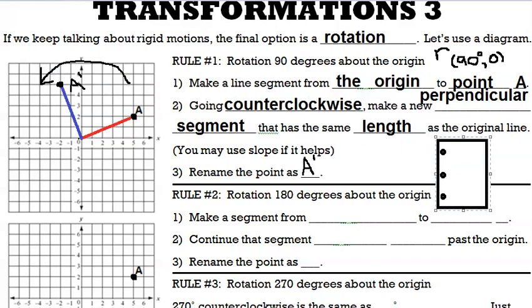One thing you can do, if you want to take your sheet of paper, instead of turning your point counterclockwise, you could actually turn your paper clockwise instead, and then go to the same ordered pair that you were at before. Okay, so let me show you how this would work.